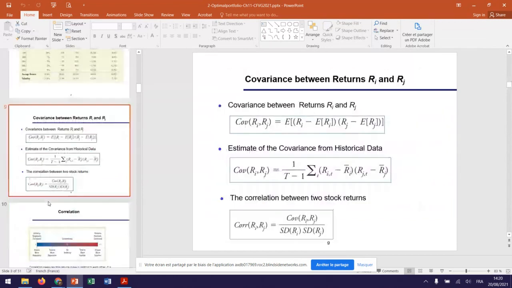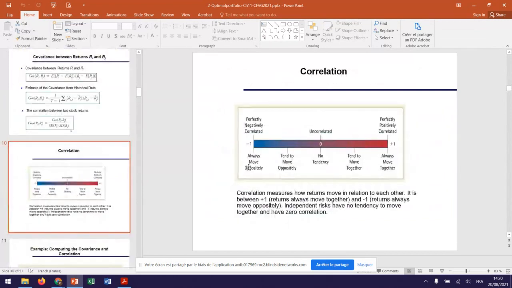And this diversification benefit depends on something called the correlation, to see how the return of one stock moves relative to another stock. If you have two stocks, you can see the correlation. If you have three stocks, four stocks, n stocks, you can do the same thing.